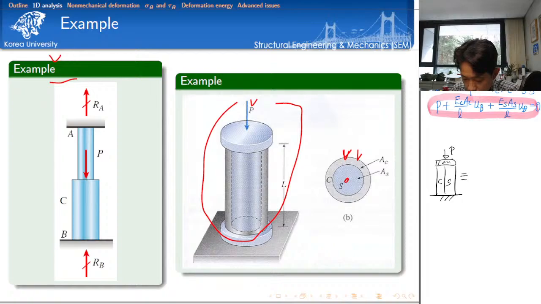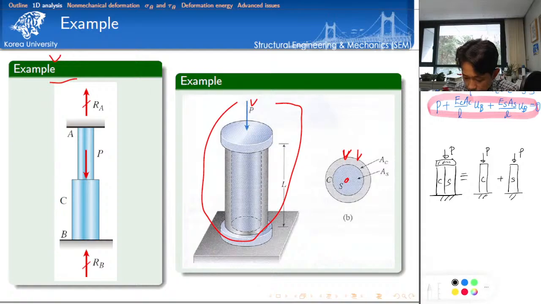First, I want to consider the copper plus steel, and then I have force P, and then I have force P.